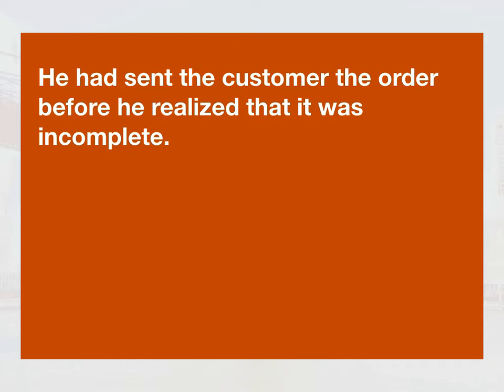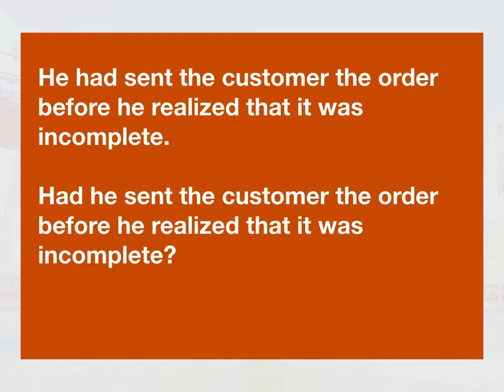How are we going to make that a question? So, the subject, obviously, he. Now, what's the first verb? The first verb is the auxiliary verb had. So we are going to move that auxiliary verb before the subject. Had he sent the customer the order before he realized that it was incomplete?